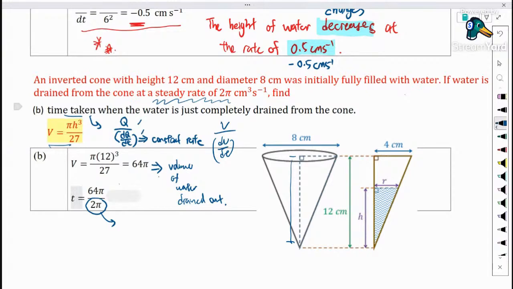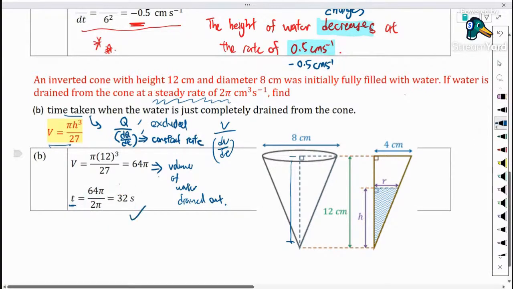So both of these, I should exclude the negative sign for calculations, because time shall not be negative, because we don't go back to the past. If time is negative, it is as if we can go back to the past. So therefore, the time taken here is 32 seconds, that is the answer.